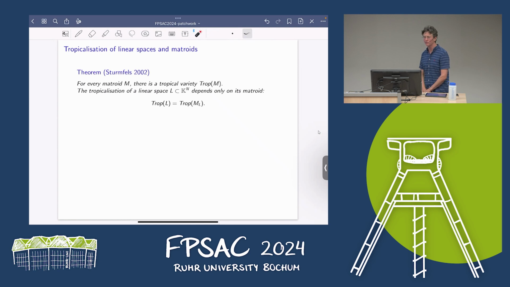There is something that plays the role of a variety in this tropical geometry. Also, if we look at the tropicalization of a linear space, what we get only depends on the matroid associated to that linear space.